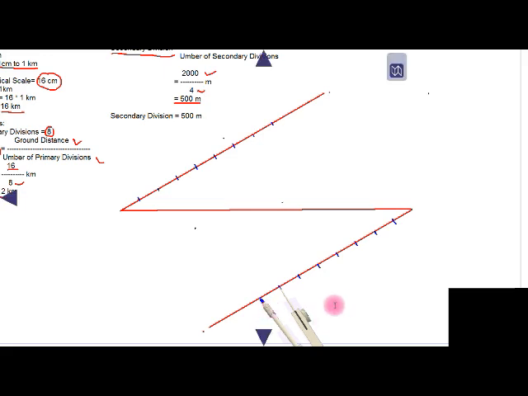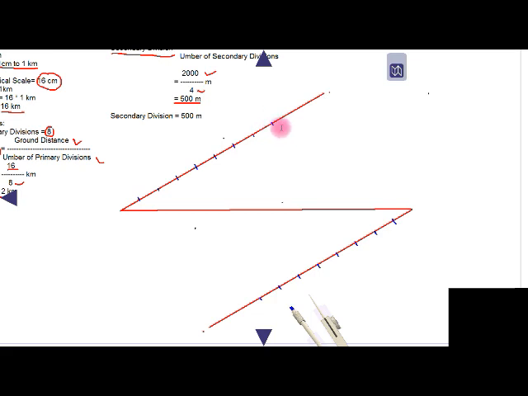So this work you need to do very carefully. If you make a mistake in dividing the diagonal line, your entire diagram will go wrong. 1, 2, 3, 4, 5, 6, 7, 8. Now we have 8 divisions.